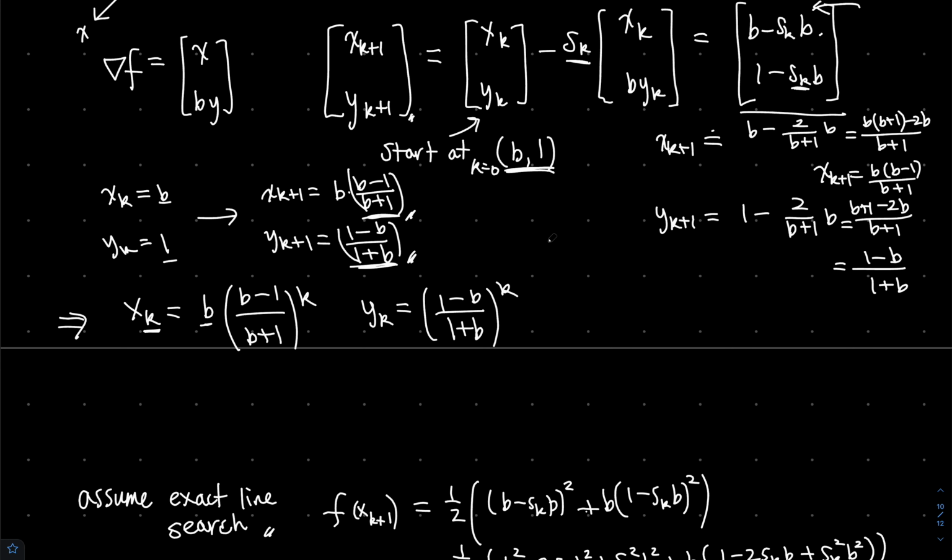So this shows the equation for the change of the xk and yk values, and this can be combined to find the change of rate of the function for the different xk, yk values. And this can be written as 1 minus b over 1 plus b squared to the power of k times the initial function value.